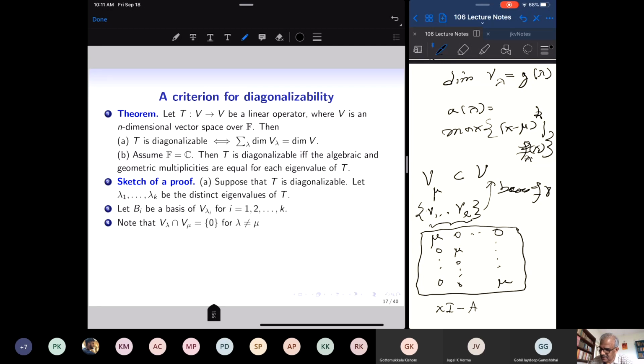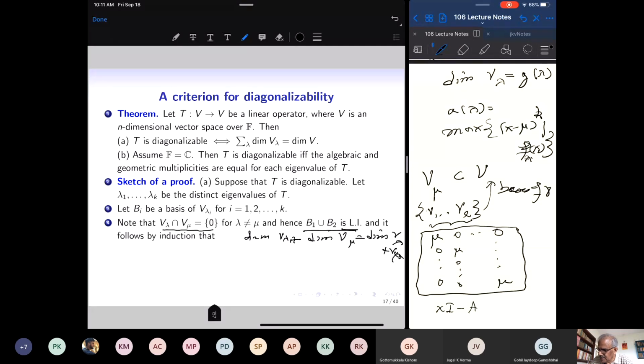Since the intersection is 0, B1 union B2 is a linearly independent set of vectors, because the only vector common between these two vector spaces is zero. So if I take the basis of V lambda and the basis of V mu, then their union is linearly independent, and therefore the dimension of V lambda plus the dimension of V mu is the dimension of the sum.